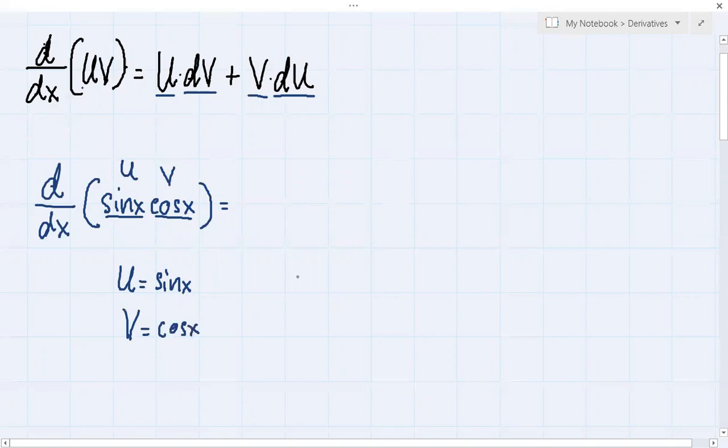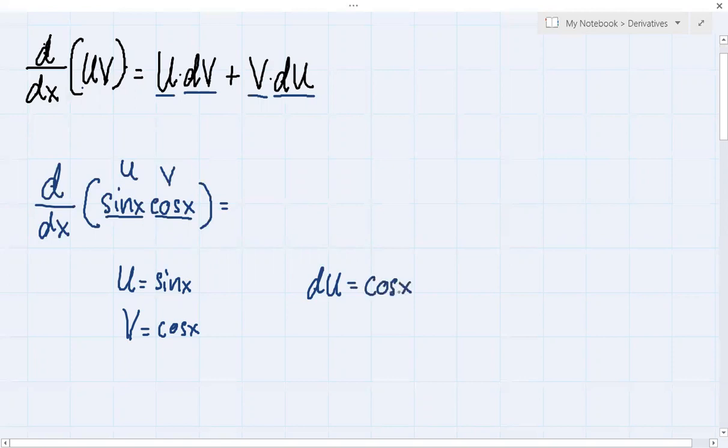Now, we're going to get the derivative ng dalawa. Kunin natin yung derivative nila. So let's start first with your u. Anong derivative ng u? So basically, anong derivative ng sin x? Recall natin ang derivative ng sin x ay cosine x.